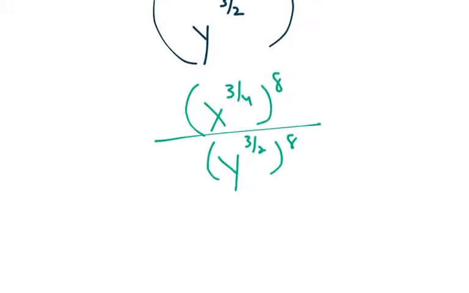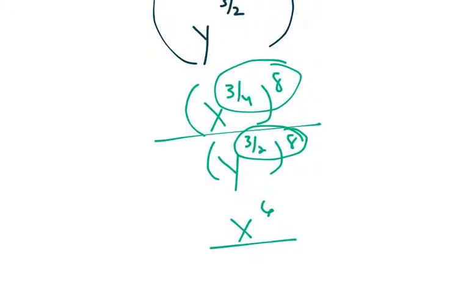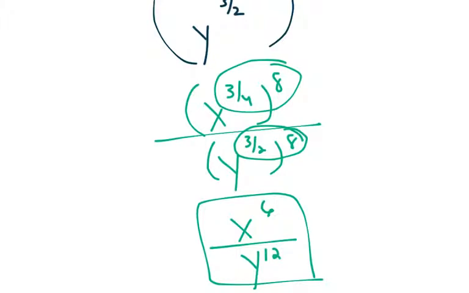And all I have to do now is multiply the exponents. So 3/4 times 8 is going to be 6. And then 3/2 times 8 is going to be 12. Oops, that's not x. That should be y to the 12th. And then that's as simplified as I can get because the bases are not the same, so I can't subtract the exponents or anything.